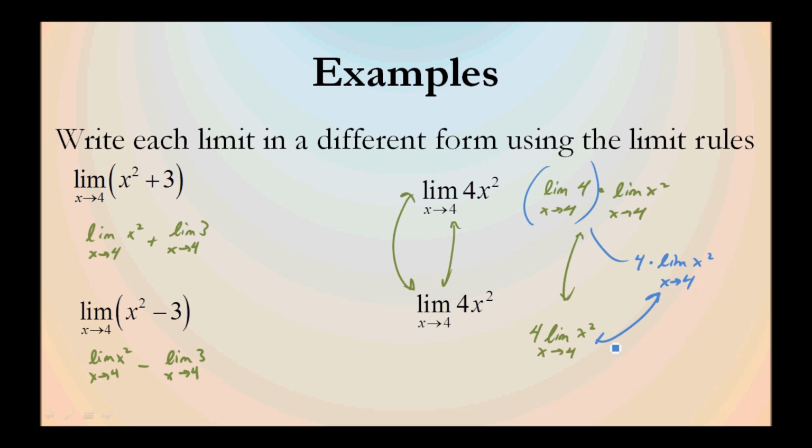And now we can see how they're exactly the same. So the product rule and the constant multiple rule can end up being the same thing if one of the two functions is a constant.